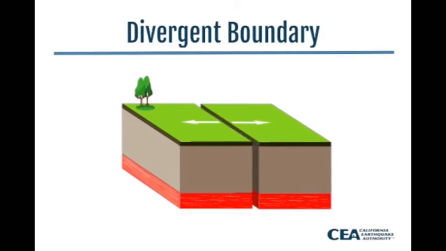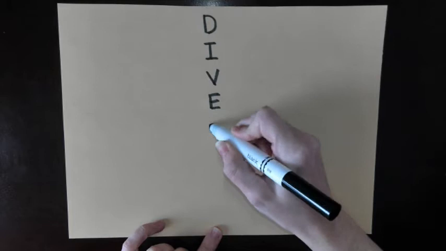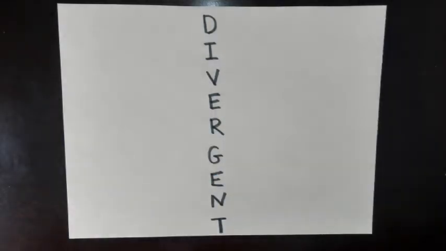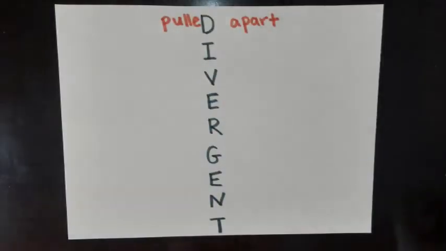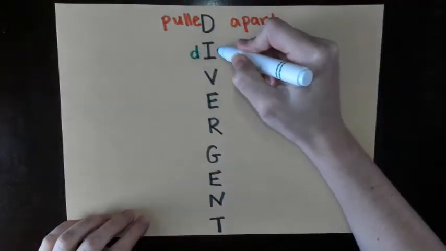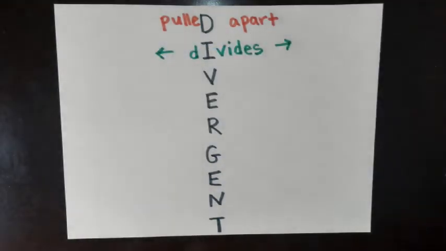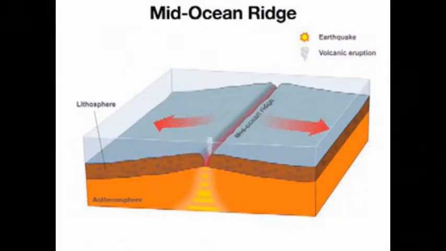It's going in opposite directions. And on land, this can create a rift valley because of that separation and that pulling apart. And underwater with continental plates, that can create a mid-ocean ridge.